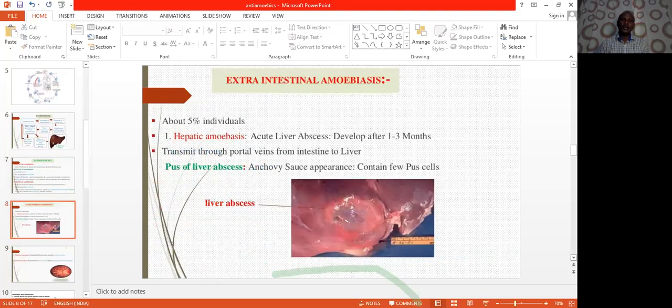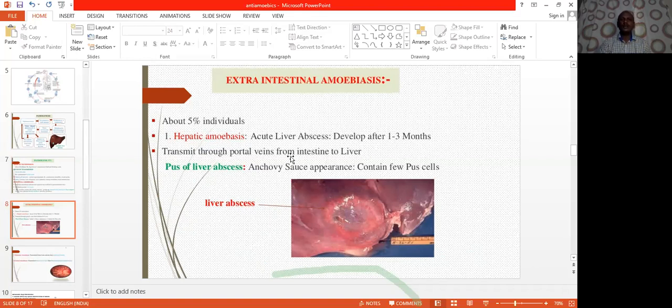The next one is liver amoebiasis, which is extraintestinal, or you can call it hepatic amoebiasis. Here you have hepatic abscess formation, where there is cell death in the liver. It is transmitted through the portal veins from the intestine to the liver.